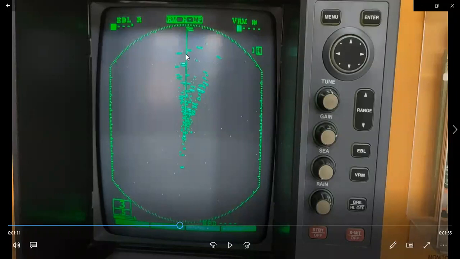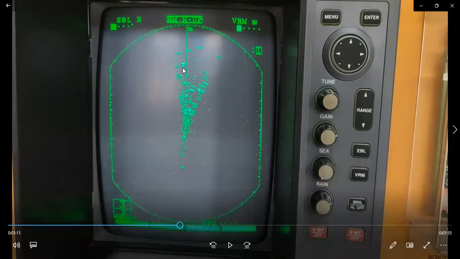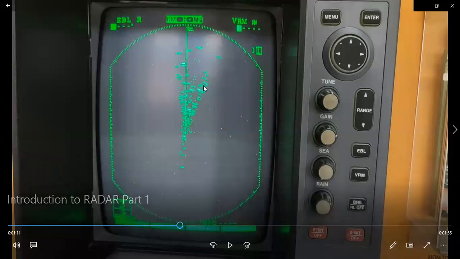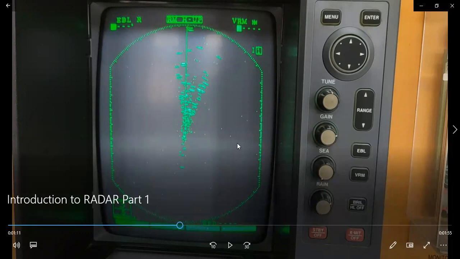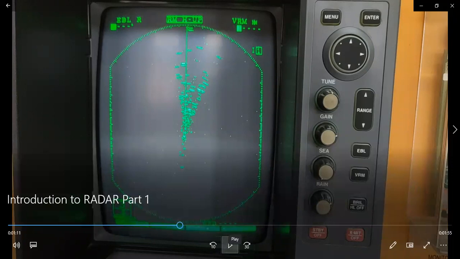But the problem we started facing was that we could see dots only in the first revolution. This problem started a couple of years ago. From the second revolution, we couldn't see the detected objects. Now this year, we have a new problem that it shows the detected objects only over this narrow angle. Thereafter, it stops working. We don't see any further dots. So I'm very sorry, but that's how we have this radar now.